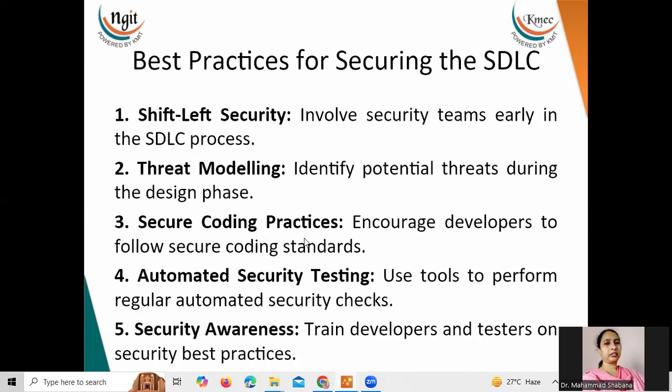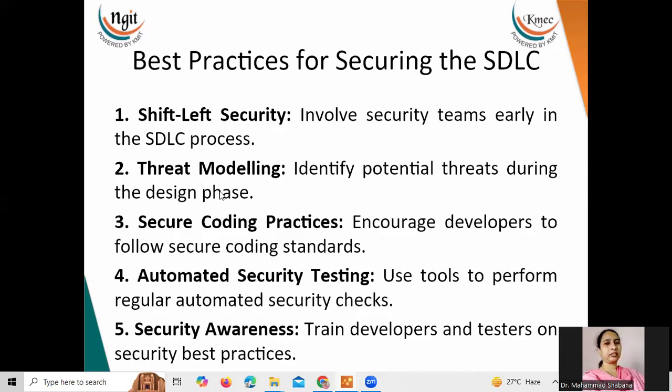So these are the best practices for securing the SDLC. How do we ensure security throughout SDLC? Some best practices include shifting security to the left, meaning involving security experts early in the development process.